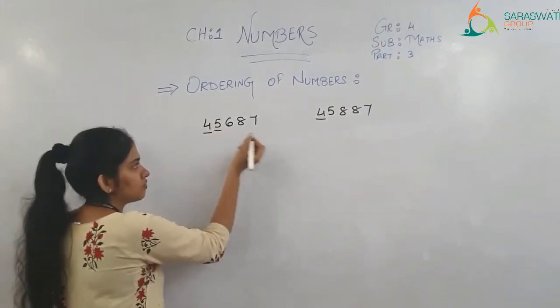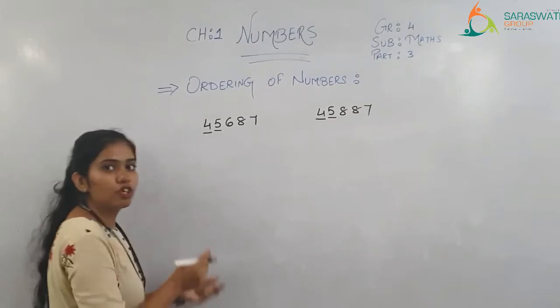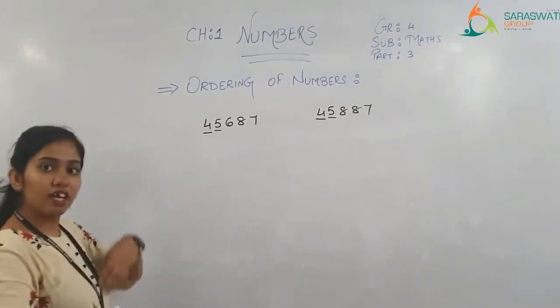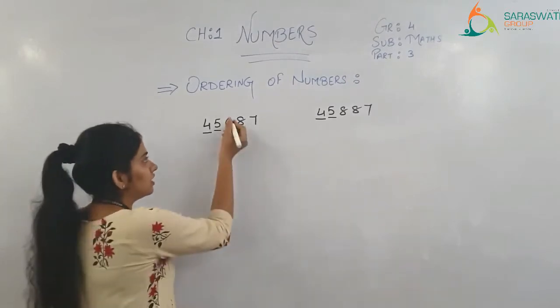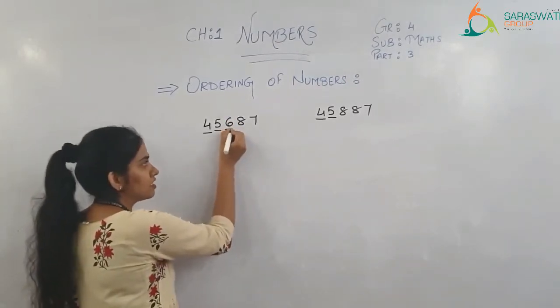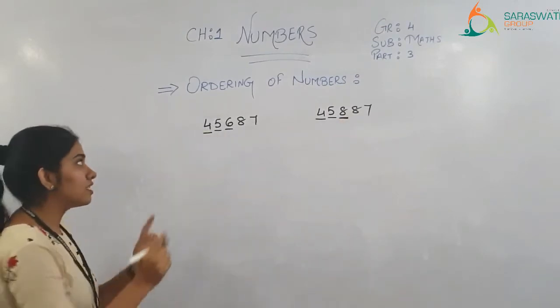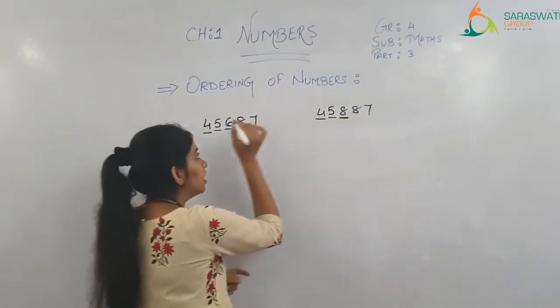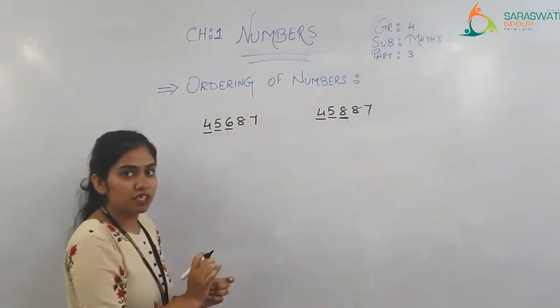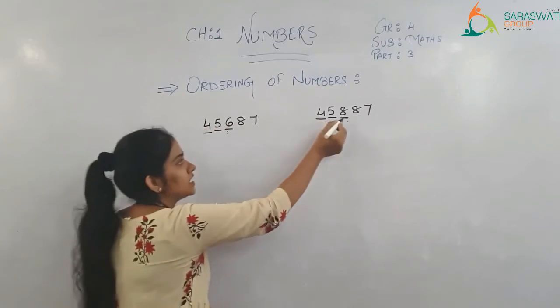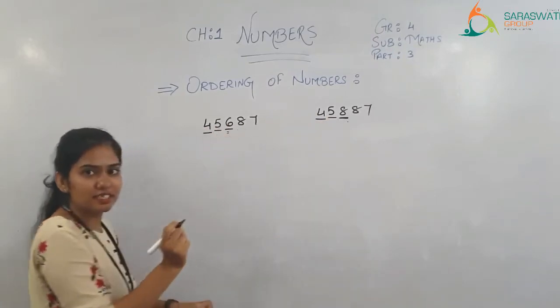Now here it is 5 and here also it is 5. So again we are having the same number. So we'll move to the next number. Now at hundreds place it is 6 and over here it is 8. So you can see that over here we are having different numbers. So from that you can identify that 8 is bigger than 6.